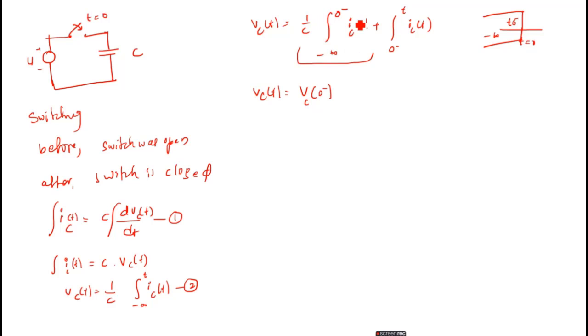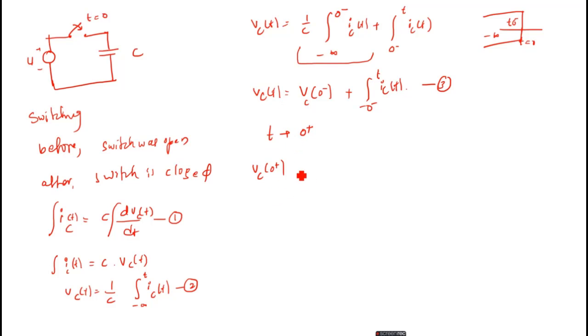This is the current flowing through a capacitor before switching. Plus, write it as it is, the integration of iC(t). Alright, so replace t by 0 plus in this equation. Wherever you find t, replace it by 0 plus.